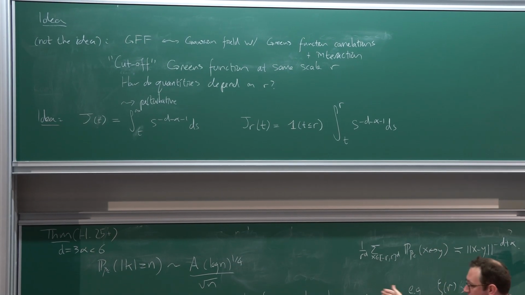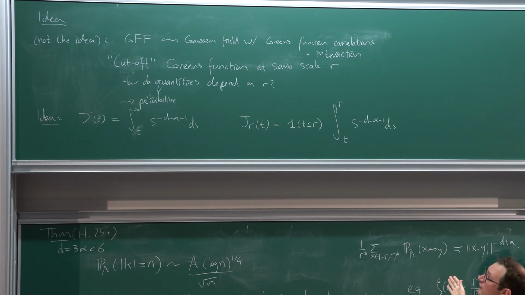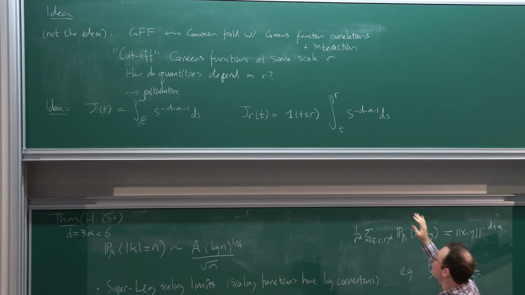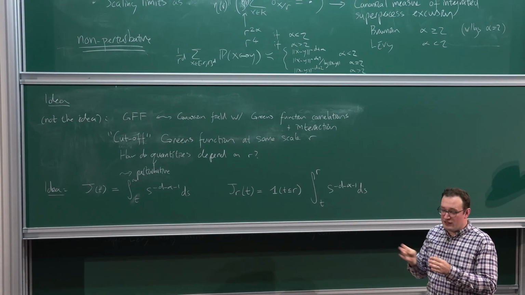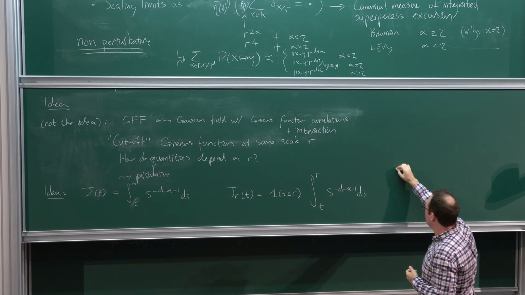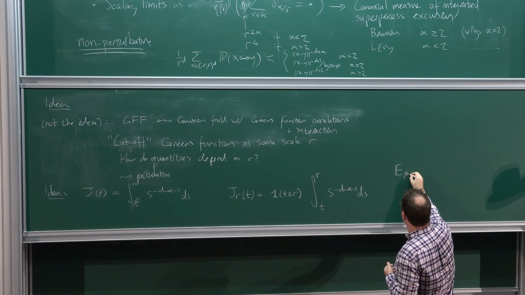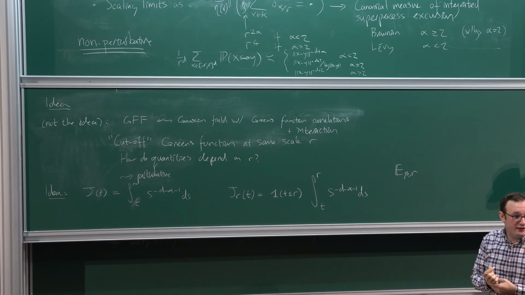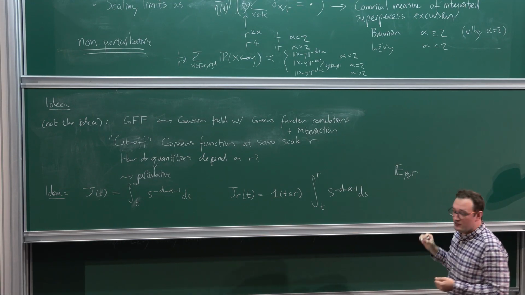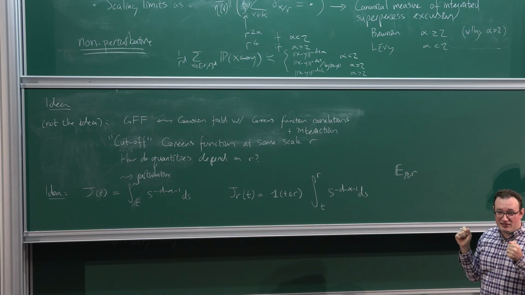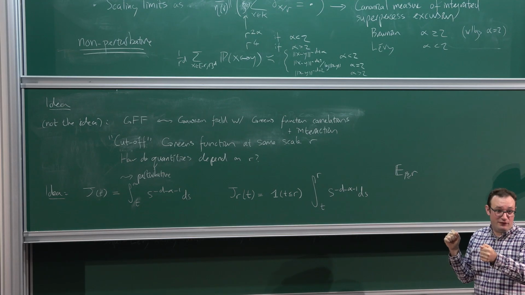Essentially, what's underlying these results is that we do all our analysis by saying, okay, I now have this two-parameter model, I have beta and I have this cutoff, R. And what we're going to do is almost always fix beta to be beta_c, where that means beta_c for the original kernel with no cutoff.